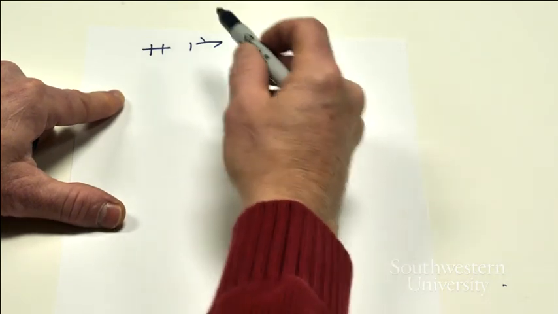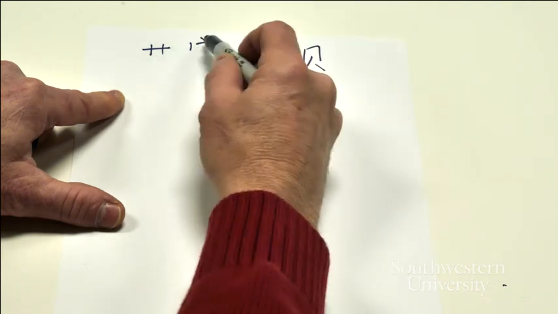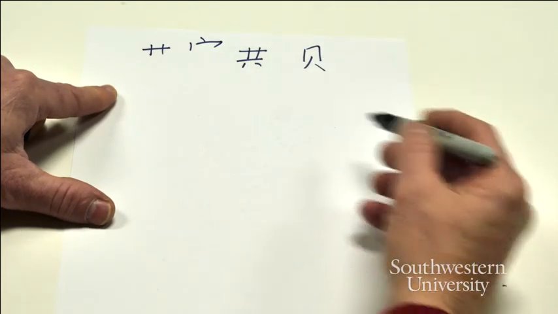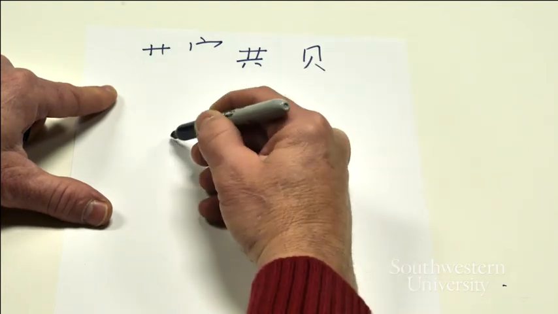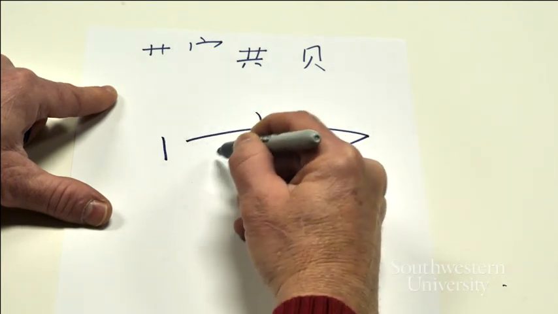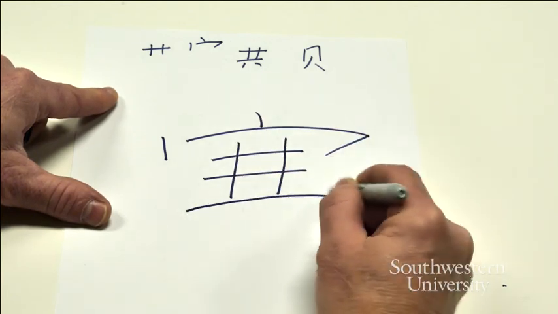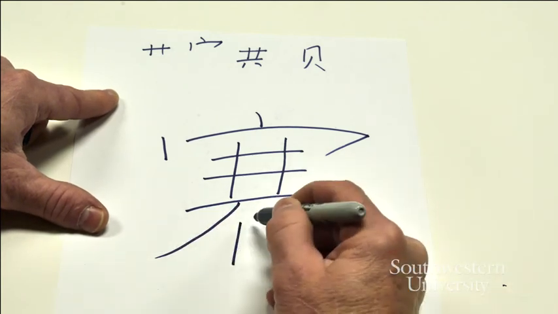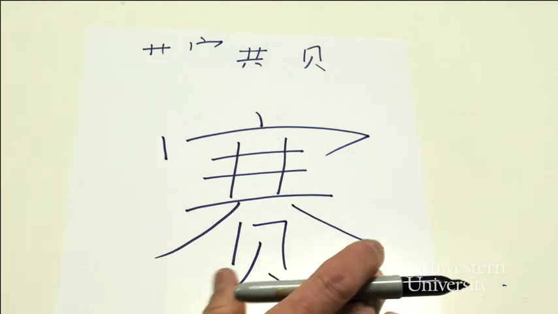So hands filling a room with objects over money or cowrie shell. So let's start with the room. Sai.